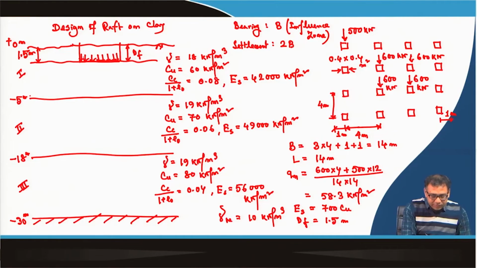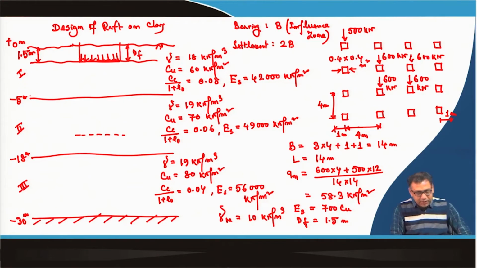So, for bearing the influence zone will be 14 plus 1.5, up to 15.5 meter from the ground surface, which is 14 meter from the base of the foundation.